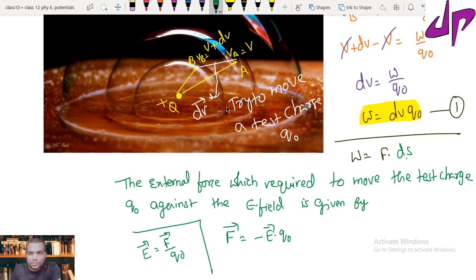Now if this is the force, what can you write for the displacement? So if you write the work, you can substitute that.